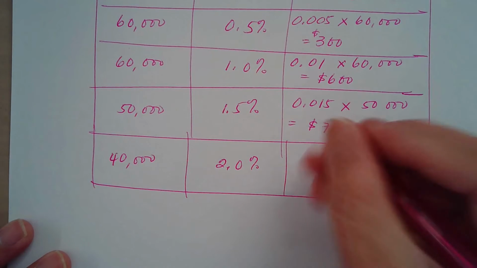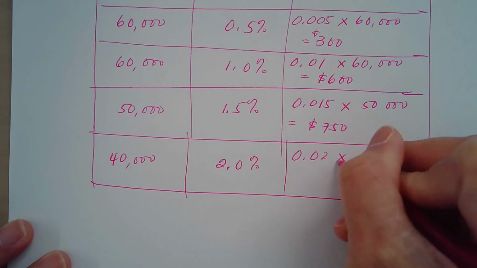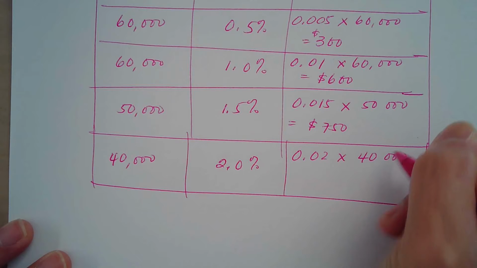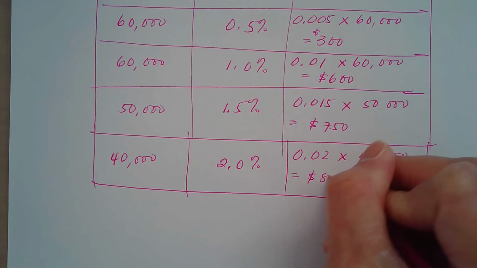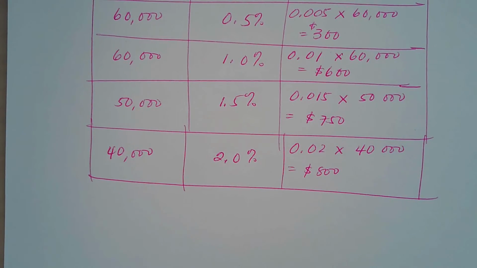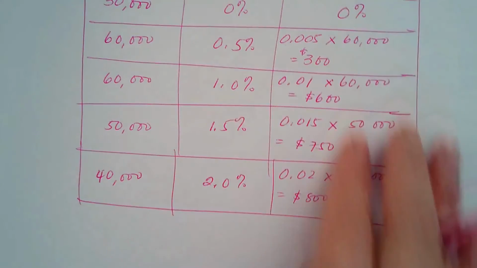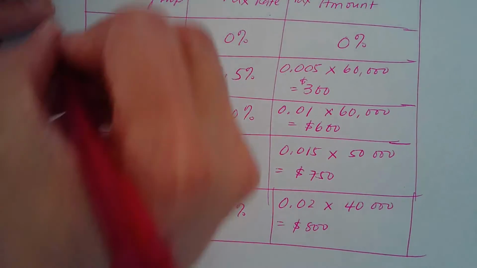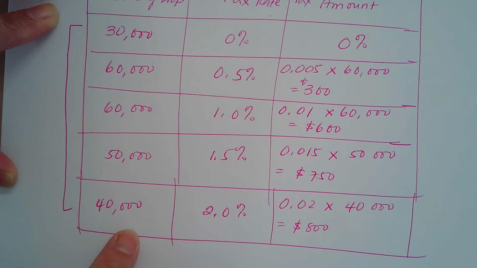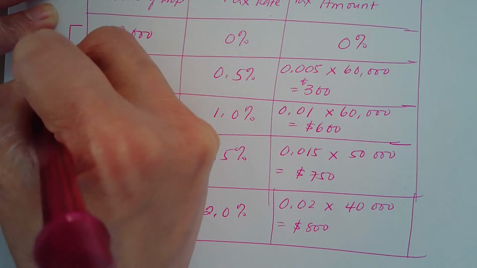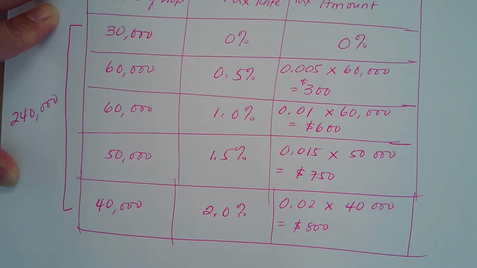So 2% is 0.02 times 40,000, which is $800. Is everybody okay with this? Make sure that these things add up to 240, the amount of the property.